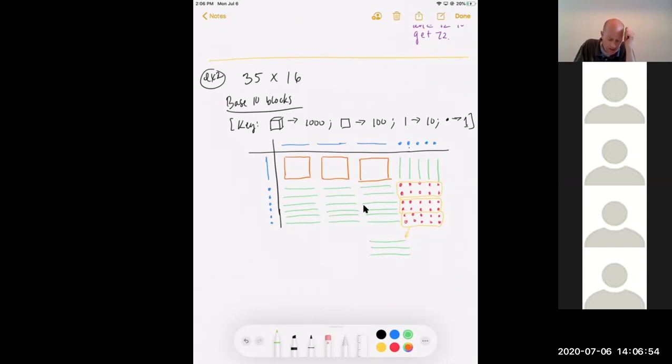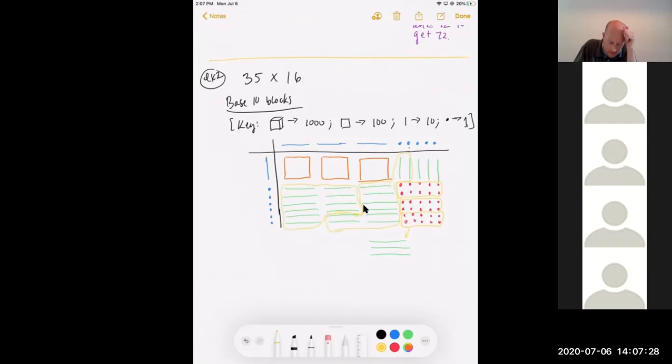Now there are rods here, there are rods here, and there are rods here. We need to combine them all together to groups of 10. So 1, 2, 3, 4, 5, 6, 7, 8, 9, 10. So here's a group of 10 rods. 1, 2, 3, 4, 5, 6, 7, 8, 9, 10. This is another group of rods. Another group of 10 rods.